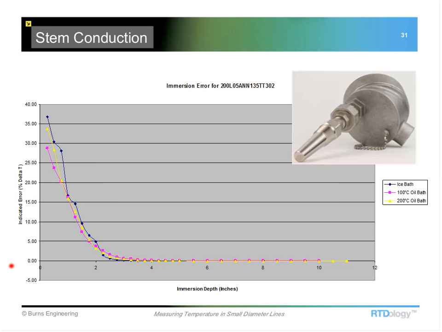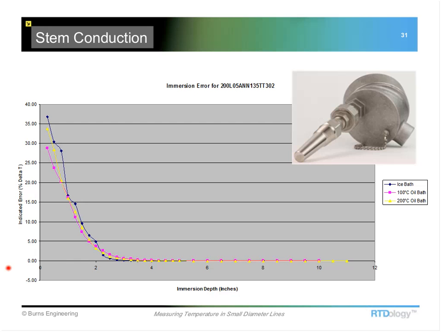If you have a process that's running at room temperature, you're not going to see a difference. So the bigger that delta T is, the more significant the stem conduction error can be.